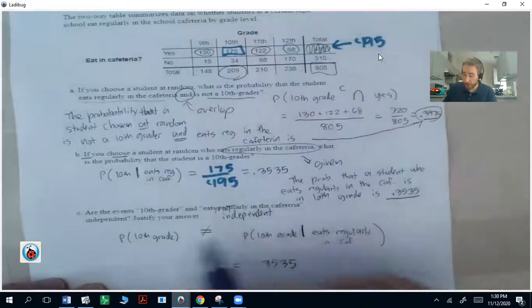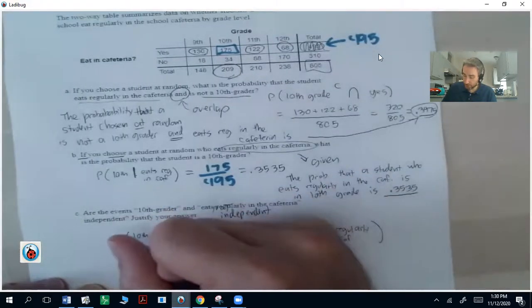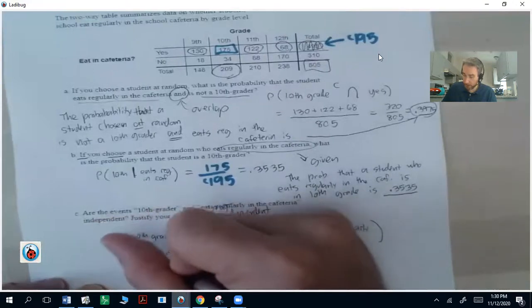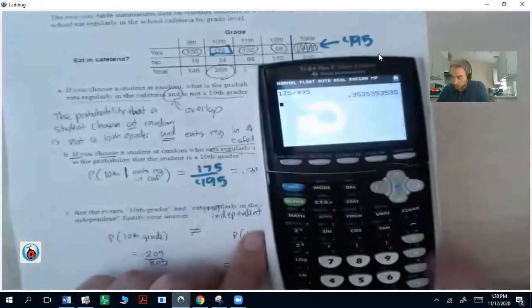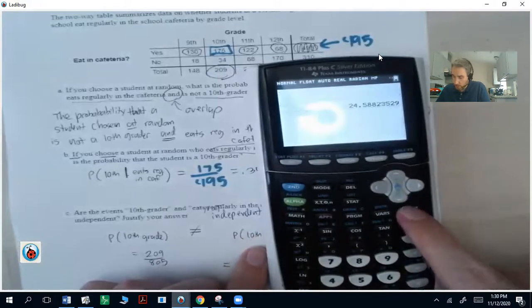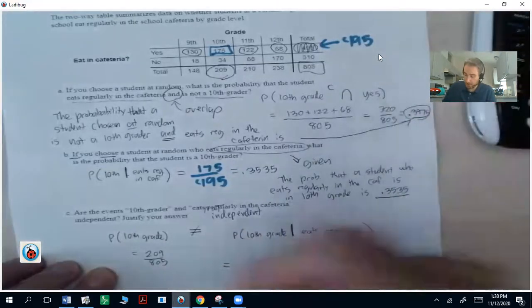So that probability is going to be 209 over 805. So that's 0.2596.